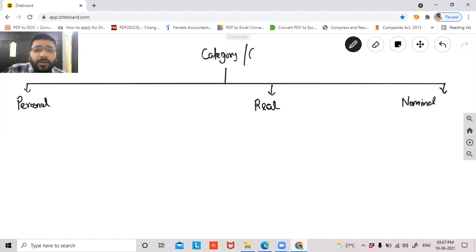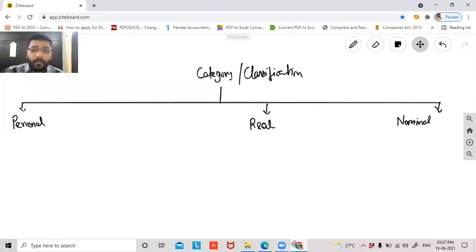This is the category or classification of traditional approach, or you can say golden rule. Now let's understand the nature of the three categories, guys. I'll go in reverse. I'll go first nominal, then real, then personal.